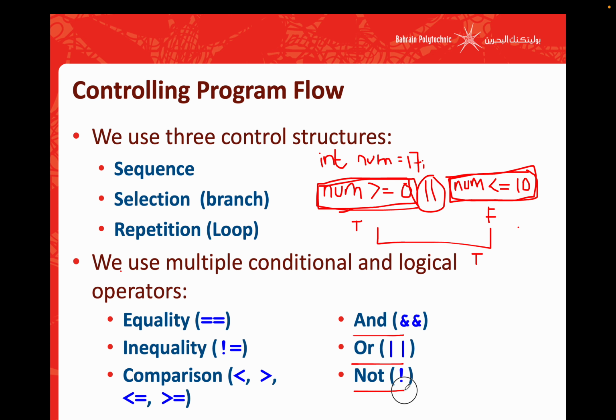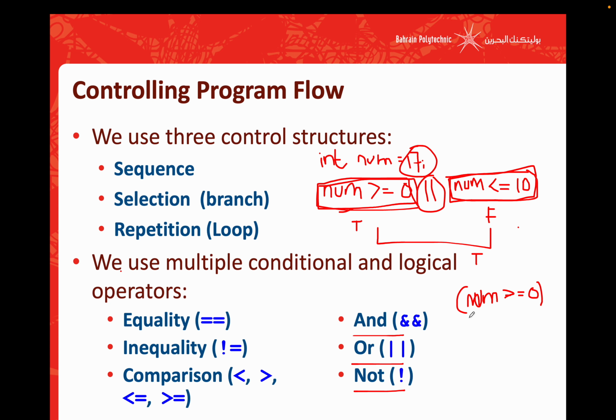And finally, there is NOT, which is nothing but the opposite. So for example, if I write something like this, num greater than or equal to 0, and we're still assuming num is 17.